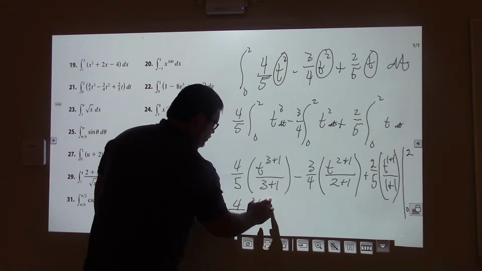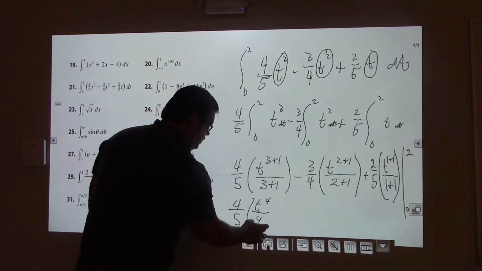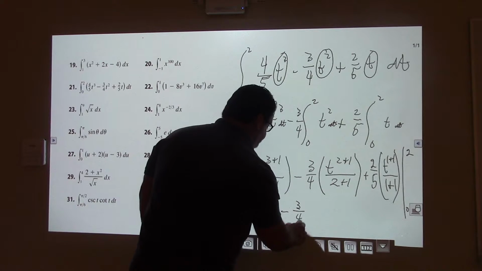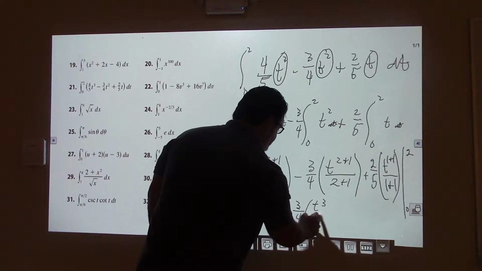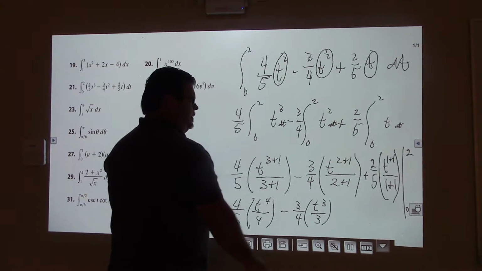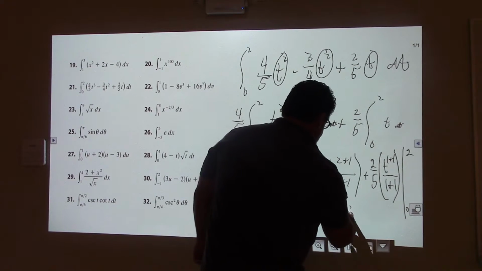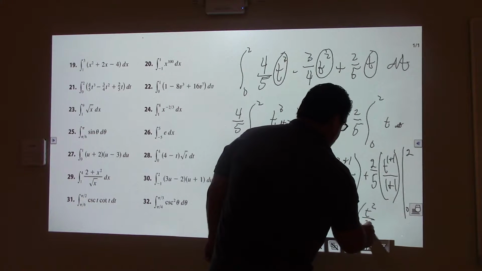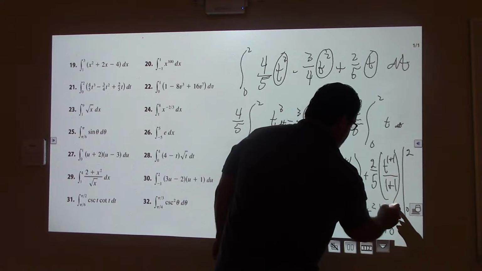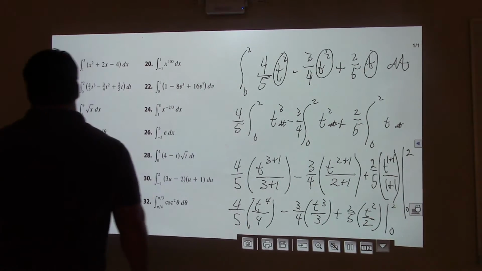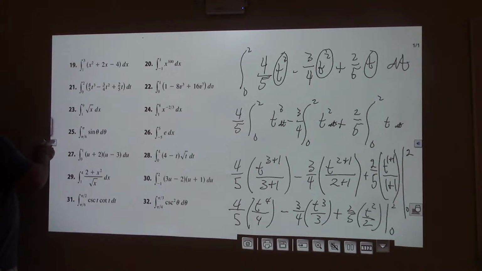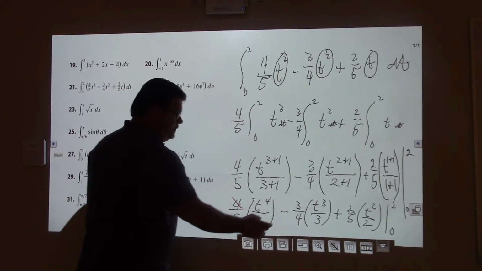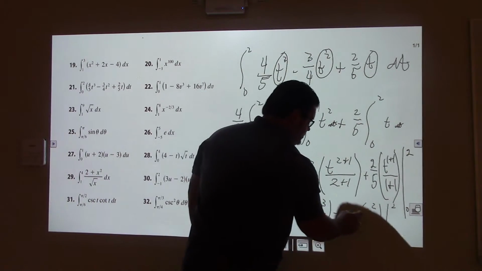T to the 4th over 4 minus 3/4 t to the 3rd over 3 plus 2/5 t to the 2nd over 2, evaluated at 0 and 2. And what happens with your denominators? 4s cancel, 3s cancel, and the 2s cancel.